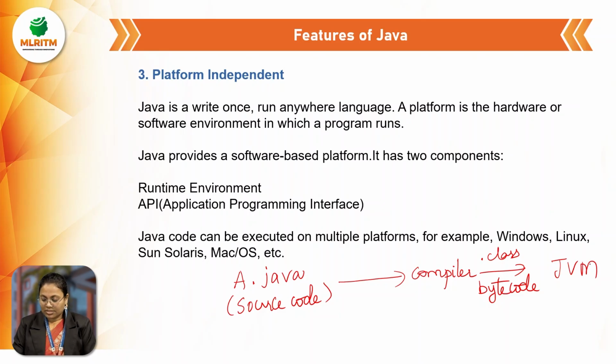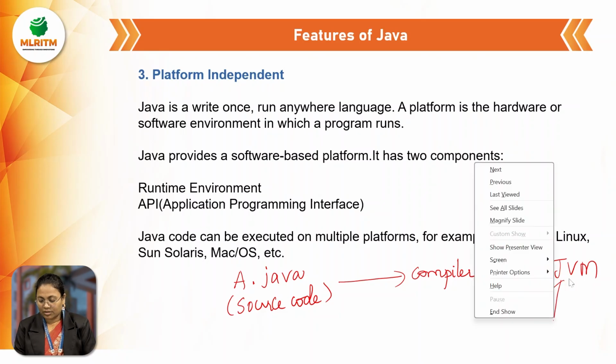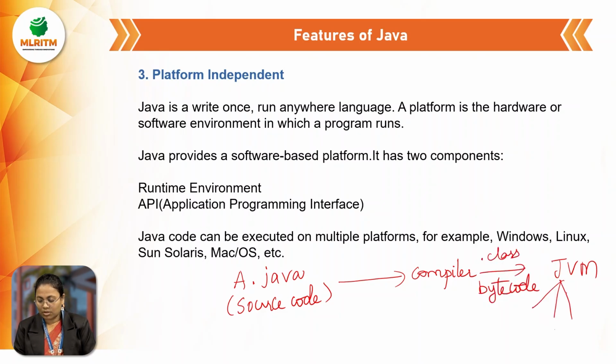The architecture of the JVM is different from one operating system to another. We have different types of operating systems: Windows, Mac, Solaris, and Unix. For every operating system, the architecture of the JVM is different, right?